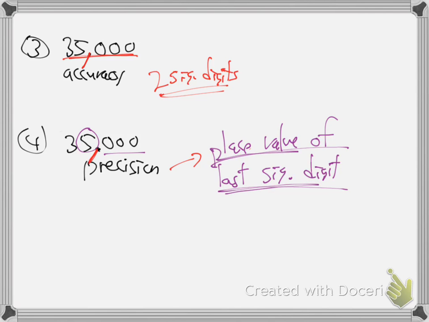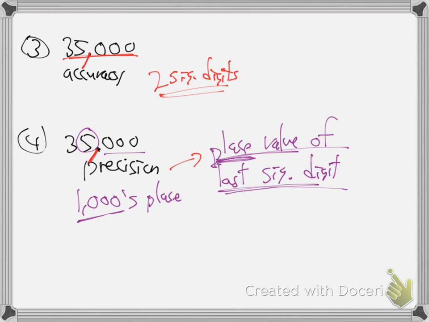So what's its place value? What place value is the 5 in? The thousands. Not thousandths, those are to the right of the decimal. It's the thousands place.